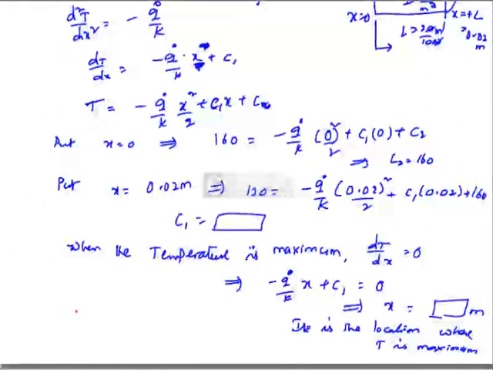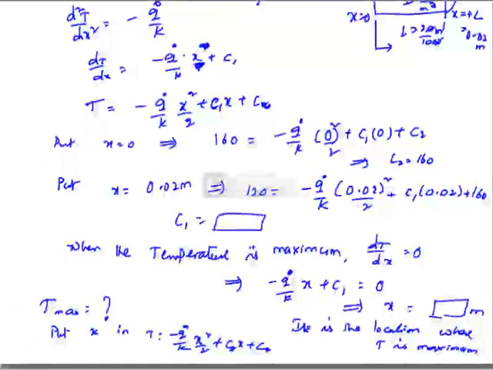How much is the maximum temperature? What is the T max? To get this, put the x value in temperature is equal to minus q dot by k x square by 2 plus C1 x plus C2, because we know C1, C2 and q dot.